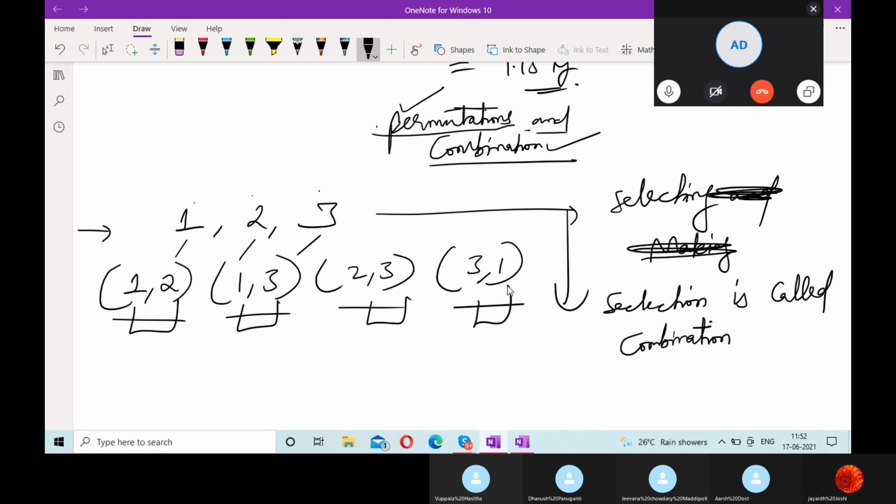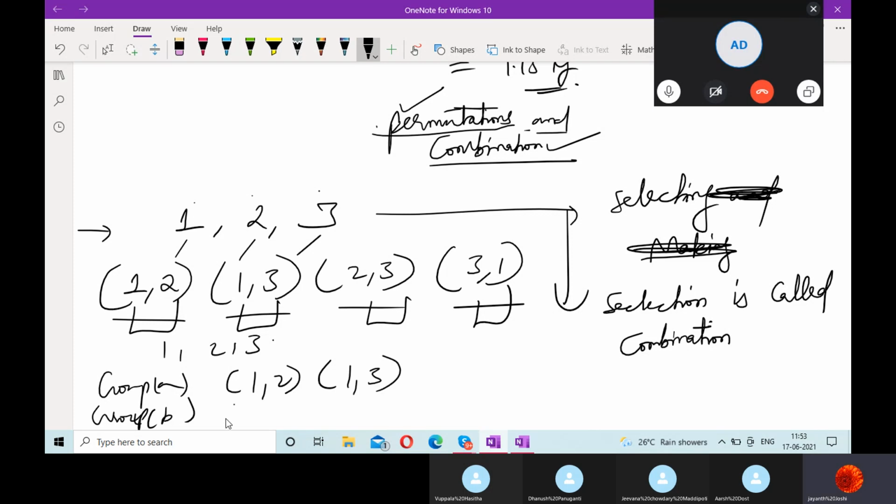Now, the ultimate objective here is to make groups. We are making a number of groups. Suppose 1, 2, 3, and I need to make two groups out of this, group A and group B. I can make 1 comma 2 as one group, 1 comma 3 as one group, 2 comma 3, 2 comma 1, 3 comma 1, and 3 comma 2 as groups.